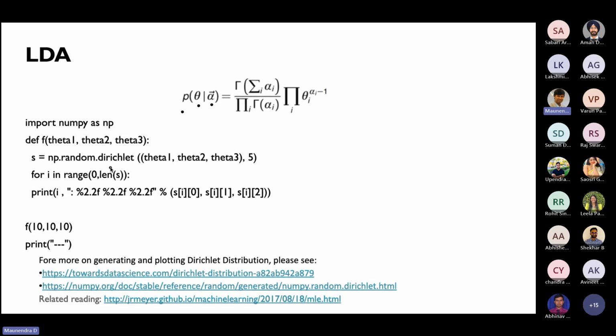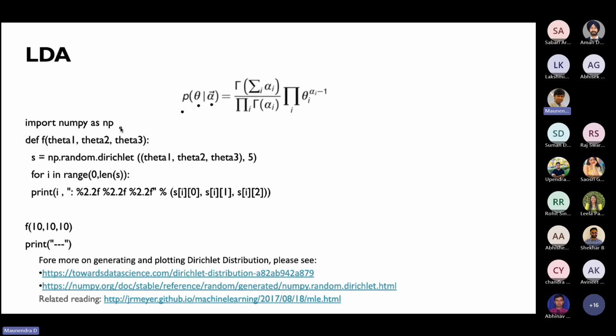I'll share the slides with you, and you can run it also. So f is the function that returns the probability values, and it takes 3 parameters. Actually we see one parameter here, alpha, but alpha is a vector, so we have just listed each component here separately in this user defined function.